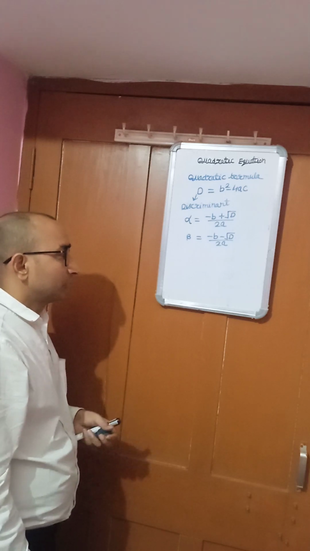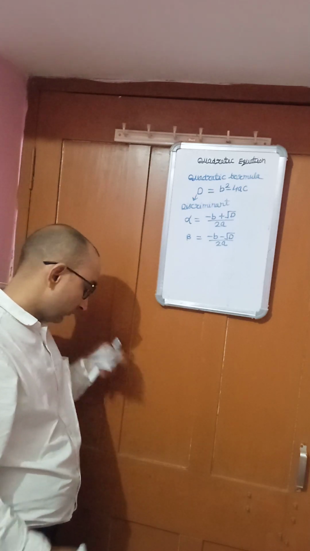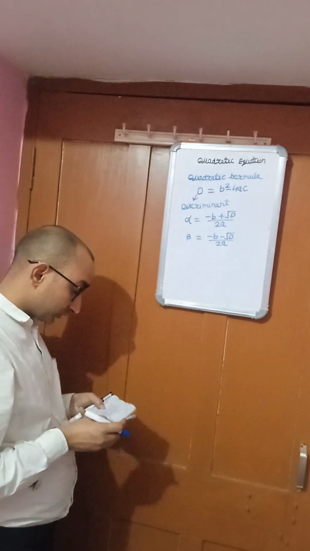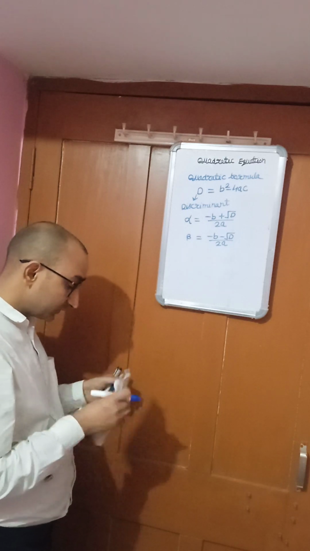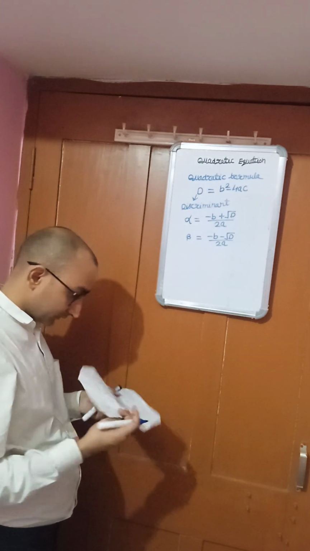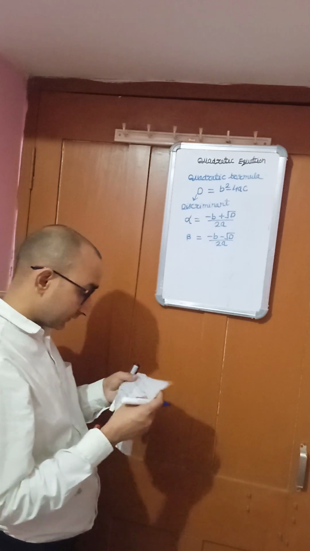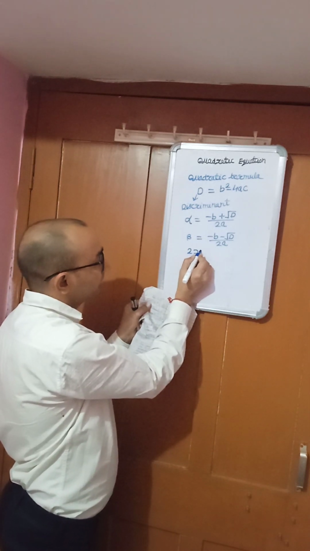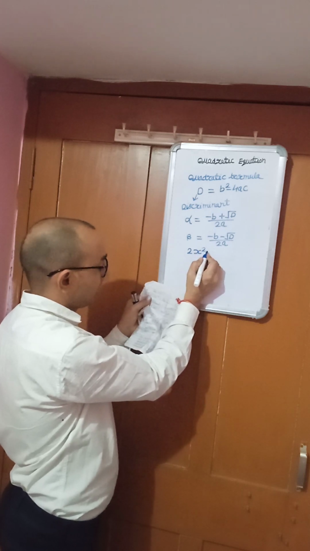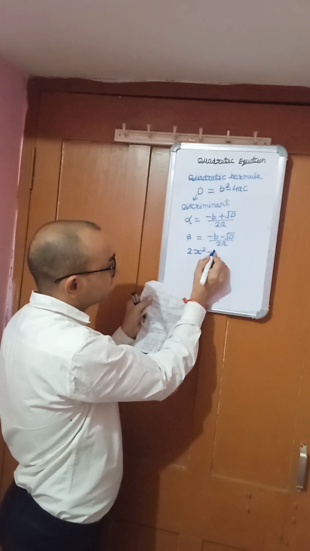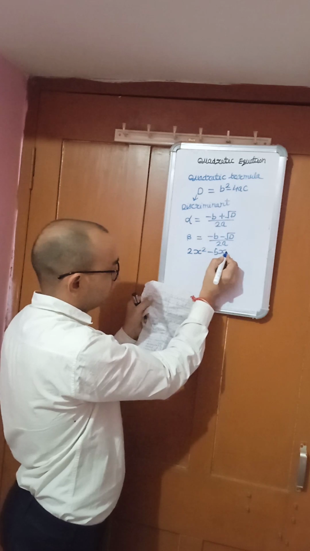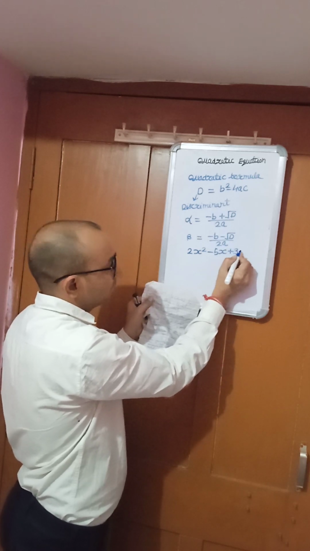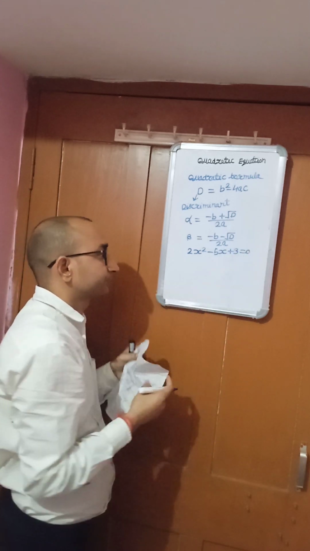Okay. So I want to explain one question on this quadratic formula method. I have taken one problem, that is 2x square minus 5x plus 3 equals to 0.